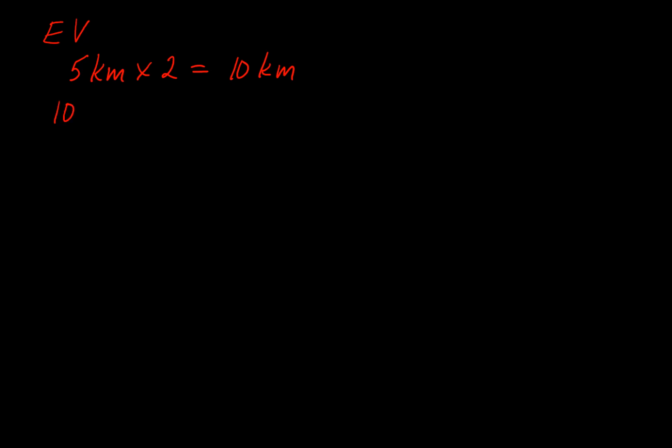So I'm going to use that 10 kilometers as my starting point, and for this calculation you're still trying to find molecules, but it's going to be a little bit different than the other two so far because we're dealing also with power generation in a coal-fired power plant, which is where the electricity used to charge the EV comes from.